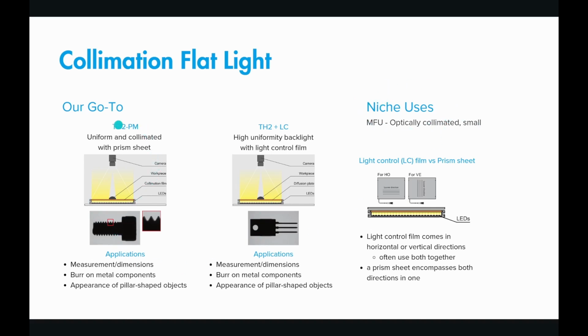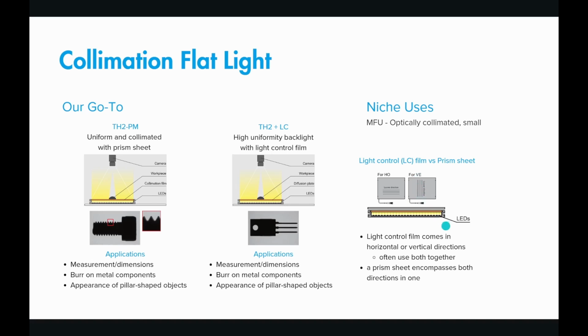The difference between the TH2 PM and the TH2 plus light control film: the prism sheet is a little bit brighter. You don't lose or block as much light versus the TH2 with the light control film, especially if you're using the horizontal and the vertical together, it's a lot darker. In line with that, for the light control film, there are two different sheets that you need to purchase. One blocks the light in the horizontal direction and the other blocks it in the vertical direction.